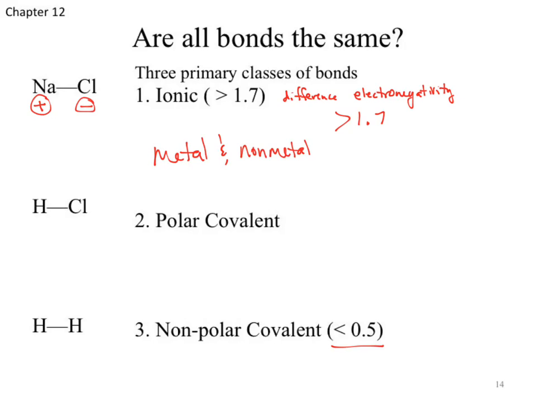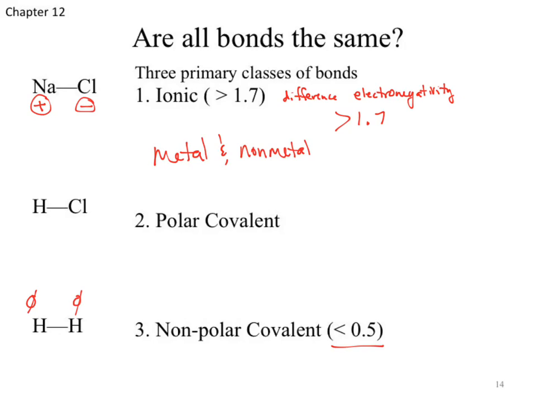It repels. So maybe it's positive, positive. What happens? Repels. Maybe the charge is nothing. Right? So there's a complete equal sharing of electrons, which means neither atom picks up a positive charge, neither atom picks up a negative charge. When is that going to happen?